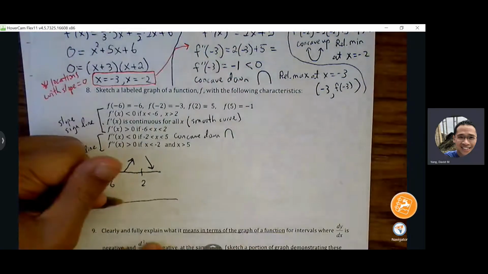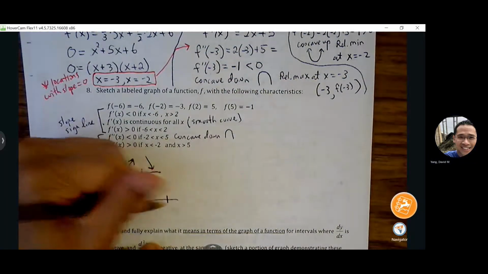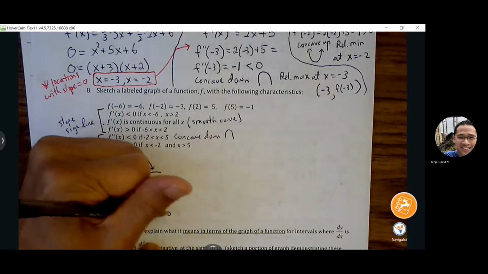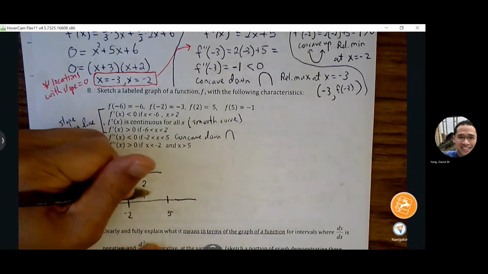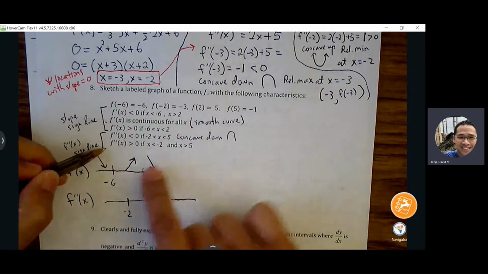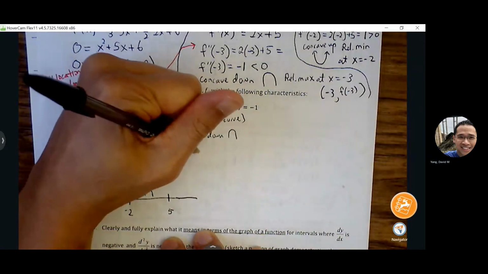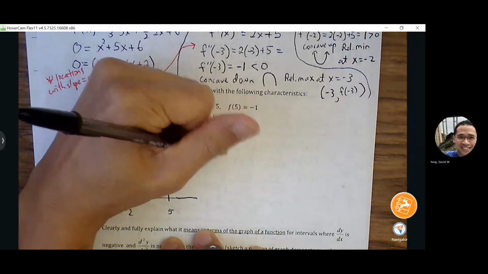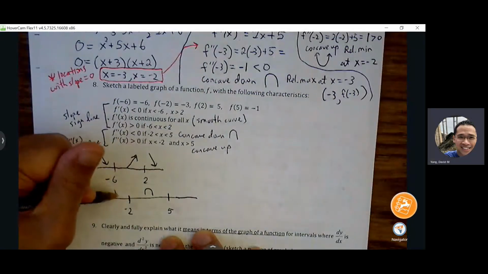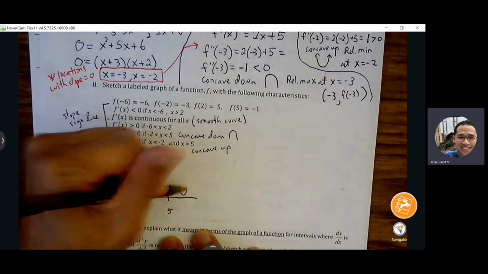Concave down from -2 to 5. And then second derivative greater than 0, that's concave up, to the left of -2 and to the right of 5.